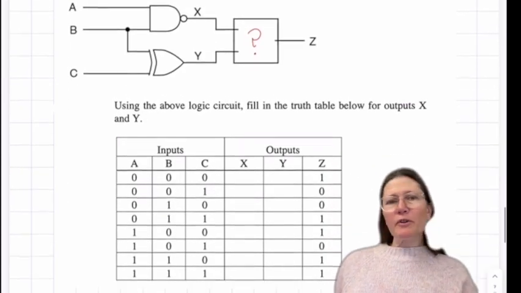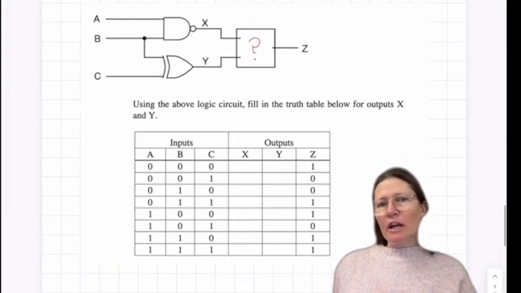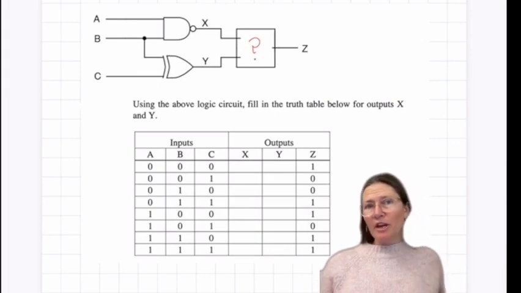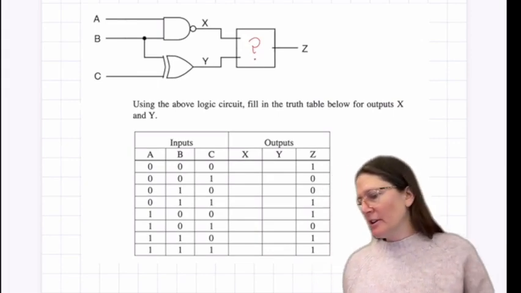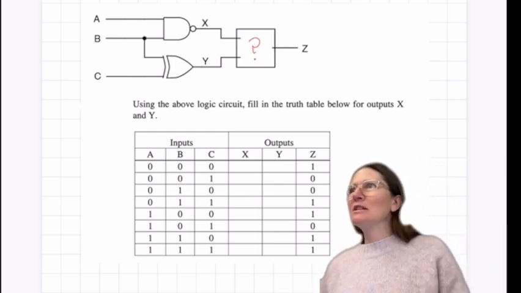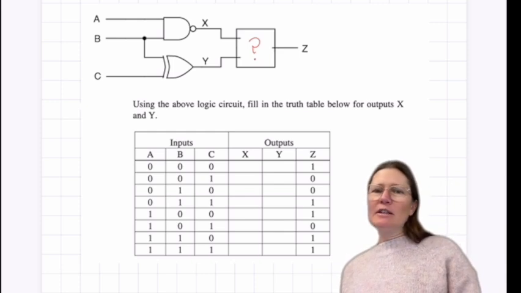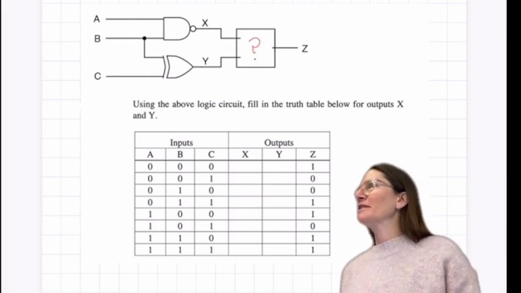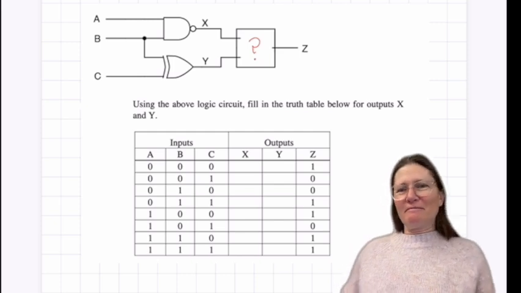Okay, so for this one, fill in the truth table for the X and the Y, and then decide what goes in the question mark box to create the Z output. So take a minute to work on this one.